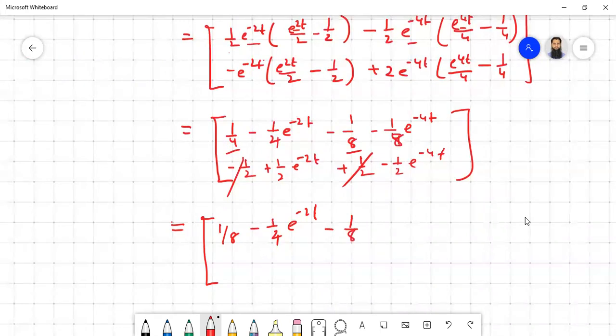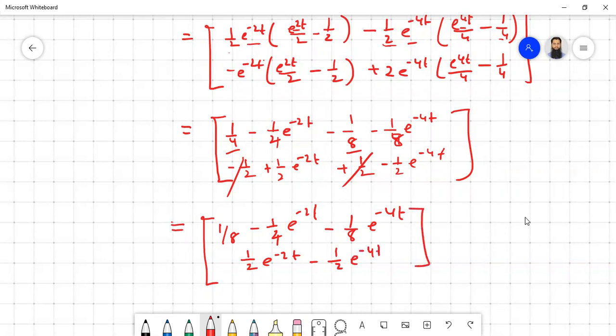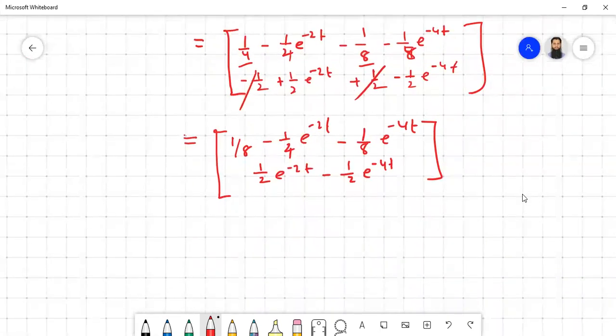This one is also 1 by 8, because 2 is multiplied with 4, so it will be 8. So e to the power minus 4t. And then we have half e to the power minus twice t minus half e to the power minus 4t. Okay, so this is your zero state response.